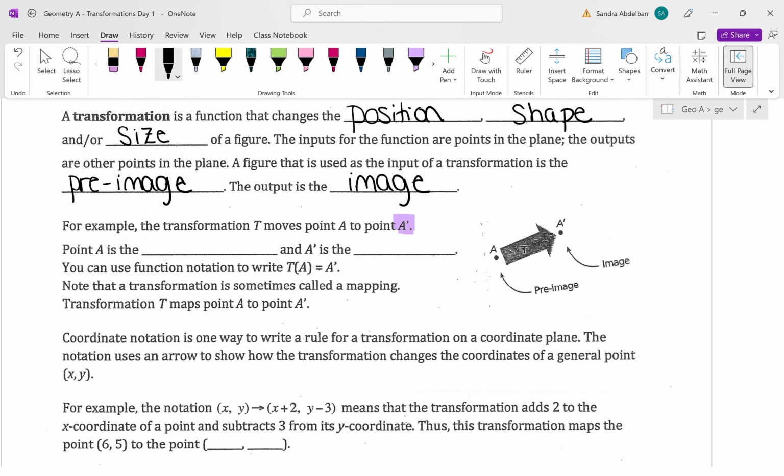Point A is the initial one that we have, so that's called the pre-image. And A prime is the image. So whatever you start off with is the pre-image, whatever you end up with is the image. Sometimes a transformation is called a mapping.